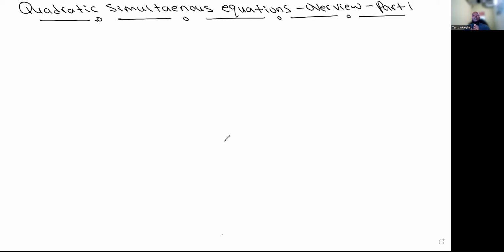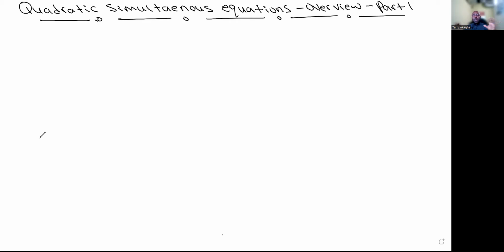So when we talk about a quadratic simultaneous equation, these are two or more equations that share variables that are raised to the power of 2. I'm going to be writing this as well so that you can take note, but I'm going to quickly explain, then write it down.